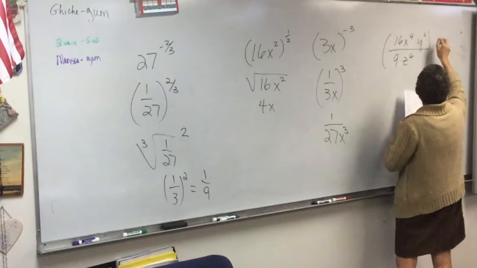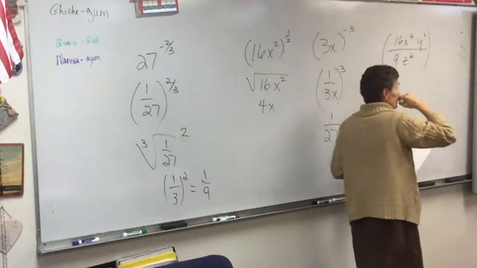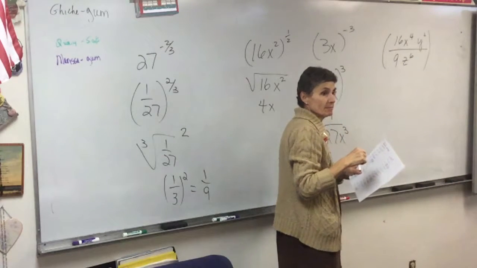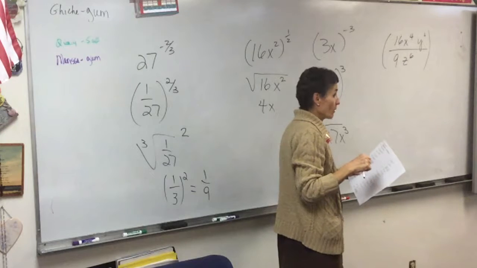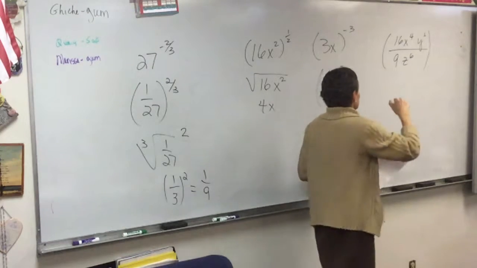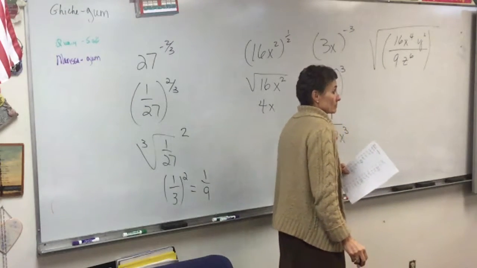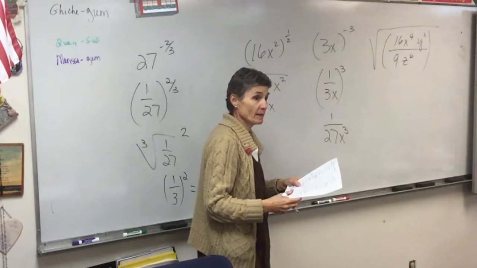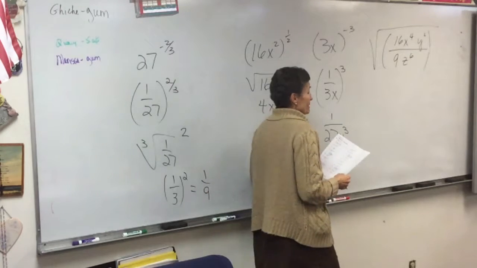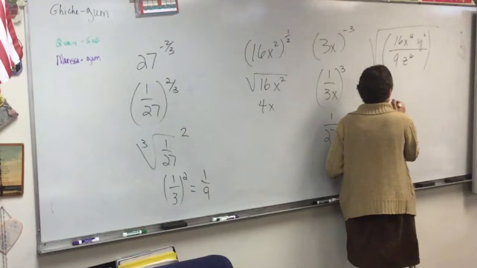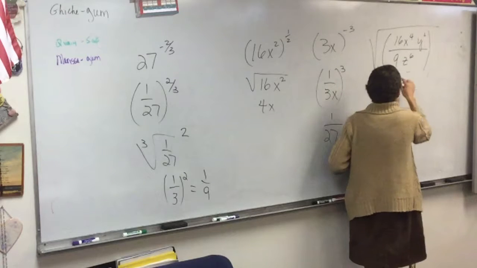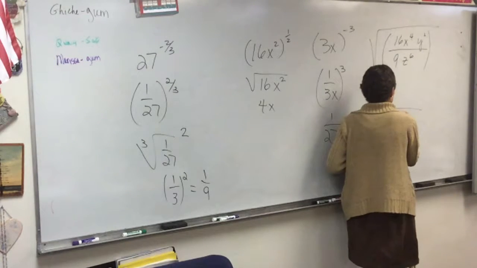Okay, this has a 1/2 exponent. What does a 1/2 exponent mean? Square root? So I'm going to square root this big mess. Is that okay with everybody? So some of it's easy. What's the square root of 16? 4. What's the square root of 9? 3. That's easy.